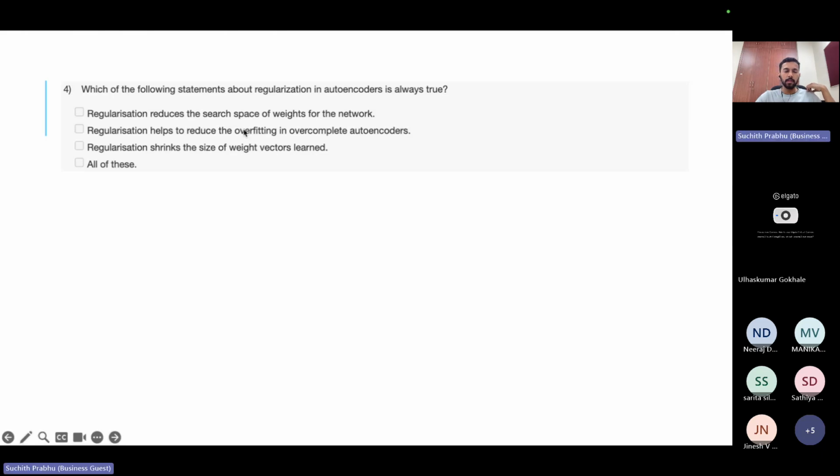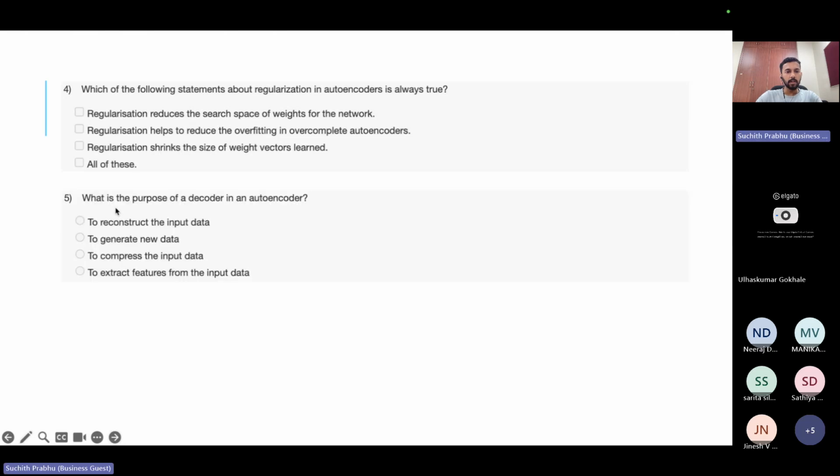This is a bit ambiguous, but you get what it is trying to ask. Okay, fine. So the first two are correct. This third one is a bit ambiguous. If it's talking about L2 norm, then weights are close to zero, and we can call that shrinking of the size, so this is correct.